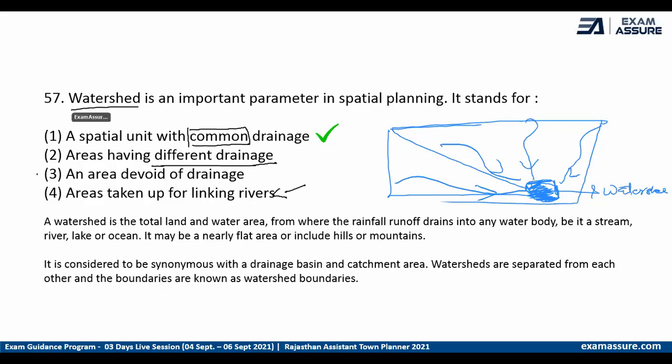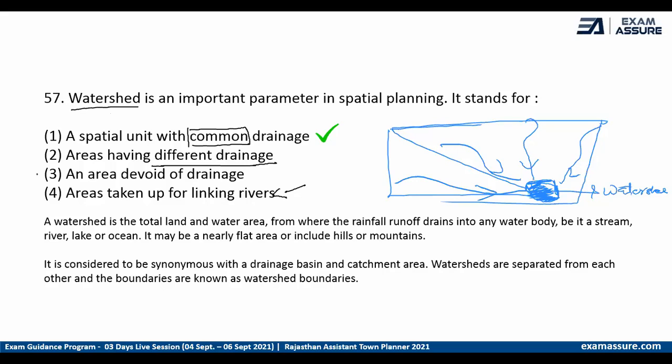If you just remember this diagram, you will know that a watershed is basically a spatial unit which has a common drainage. It all gets together at one point and a catchment area is developed. You can understand it as the low-lying area of a city or an area where excess water or excess river streams become a common ditch and collect.